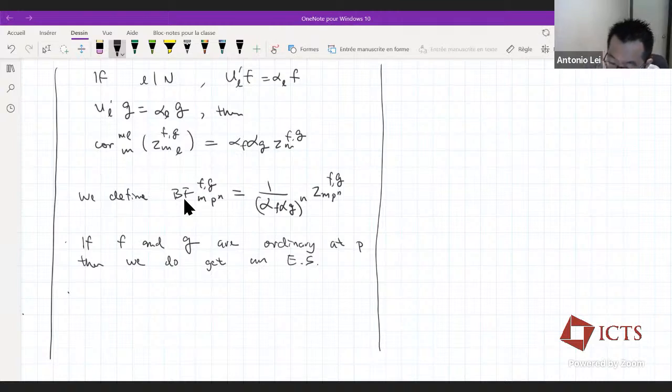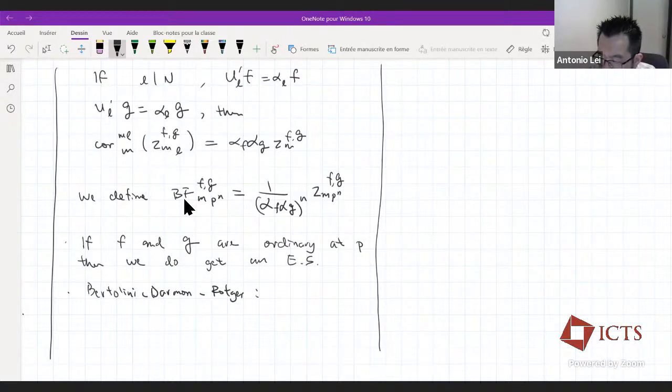So this is proved by Bertolini, Darmon, and Rotger. They show that these elements do encode some arithmetic information.